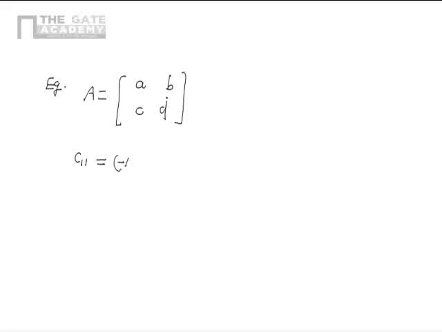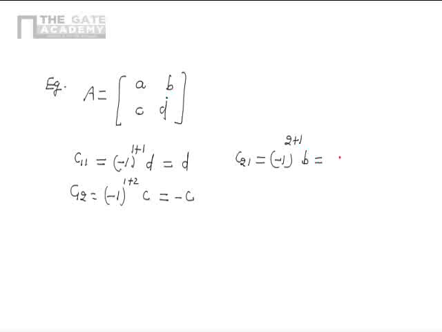This will be equal to minus 1 to the power i plus j into, by removing this row and column, we'll be getting D. Similarly C12 will be equal to minus 1 to the power 1 plus 2 into C, so minus C. C21 will be equal to minus 1 to the power 2 plus 1, and by eliminating the row and the column corresponding to C, getting B, this will be minus B, and C22 will be equal to minus 1 to the power 2 plus 2 into A.